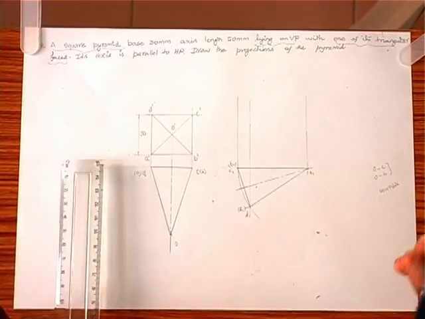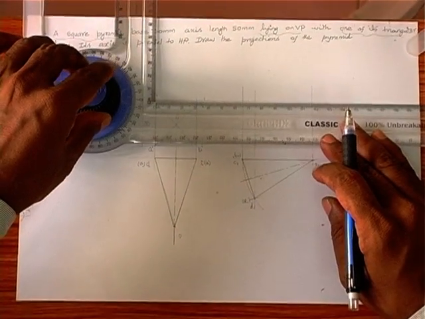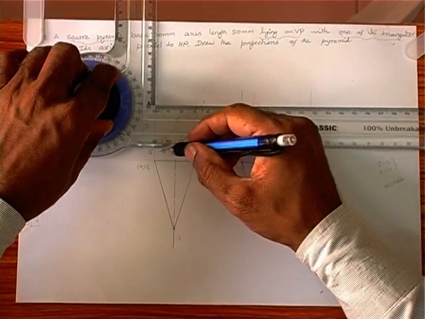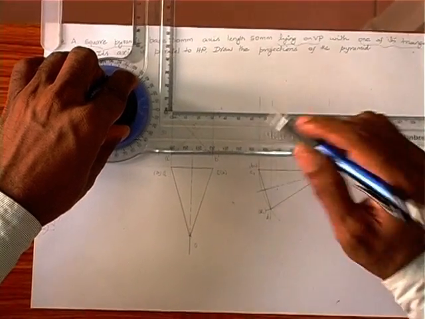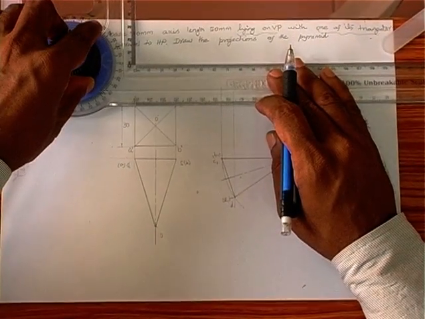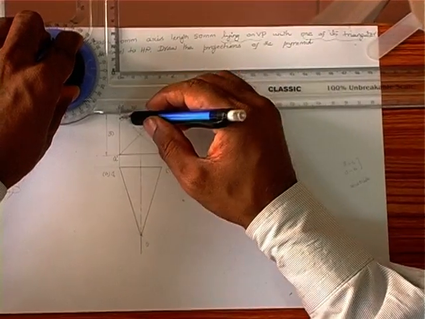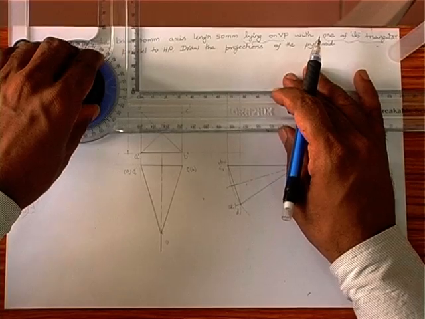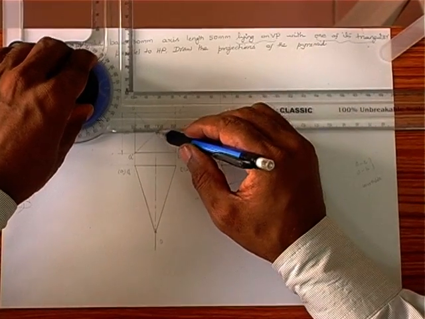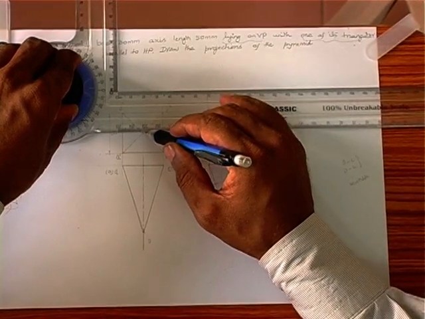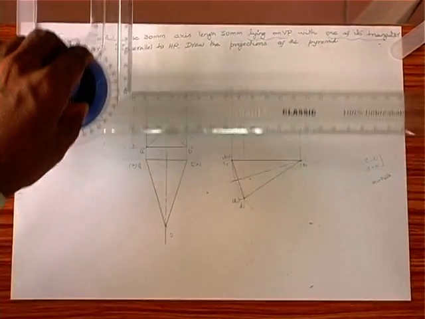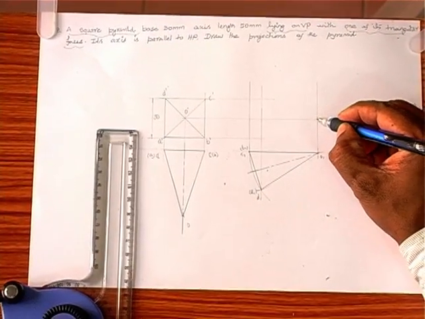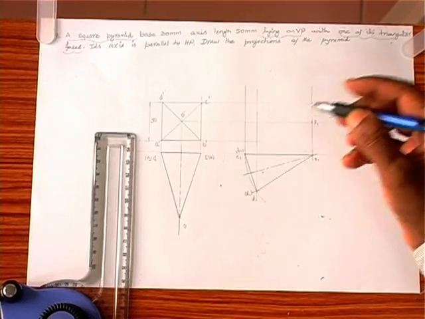Now we project the horizontal lines from points A and B to this end, and similarly for C and D till this end, then O till the projected O line. So we will be getting the points O1 dash.